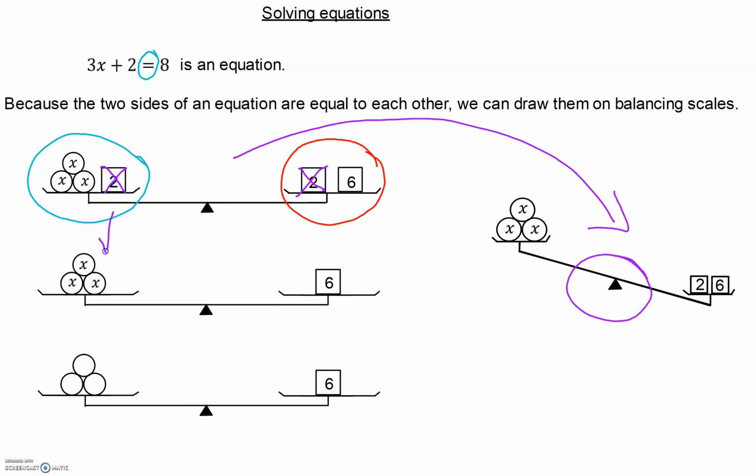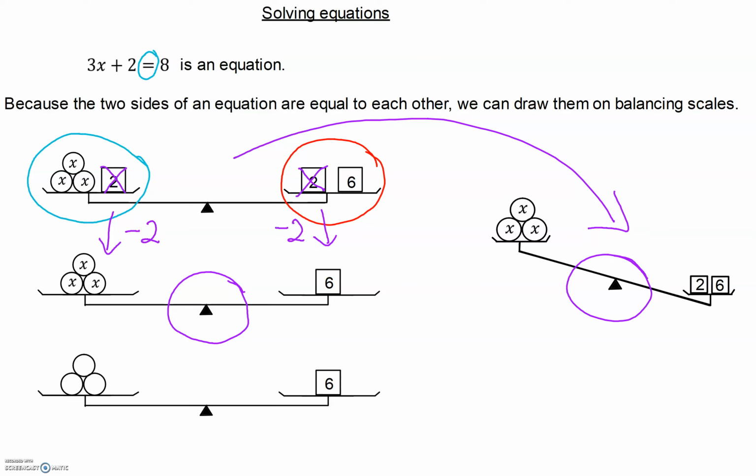So you can see, going down to the second scales, that we're left with 3 x's on the left and a box worth 6 on the right. And we are still in perfect balance because we have done the same thing to both sides. We've taken away 2 on the left-hand side, and on the right-hand side we've taken away that 2. Now we've just got x's.